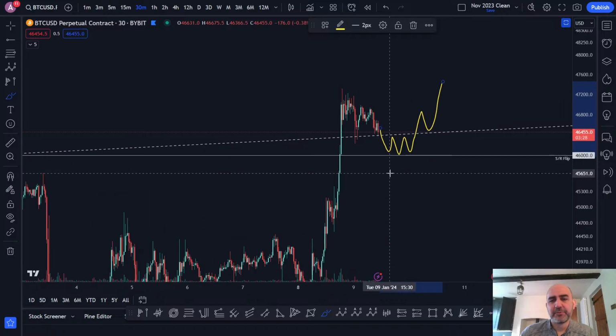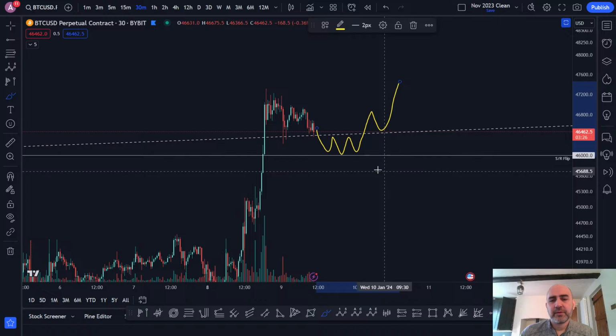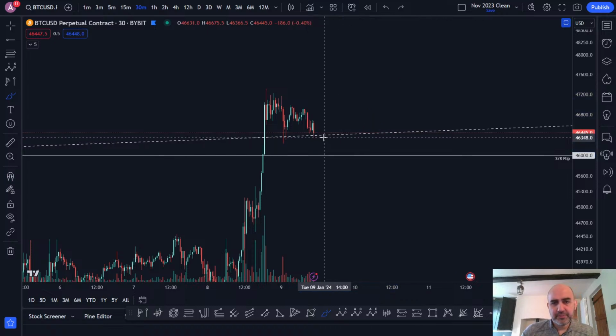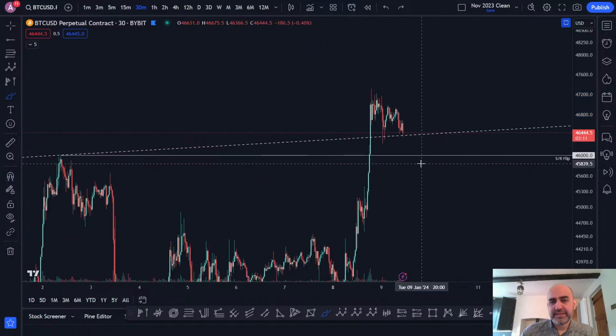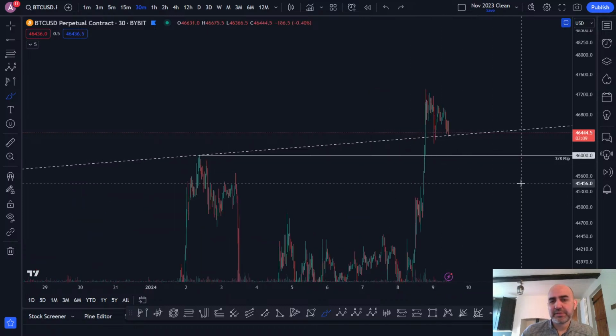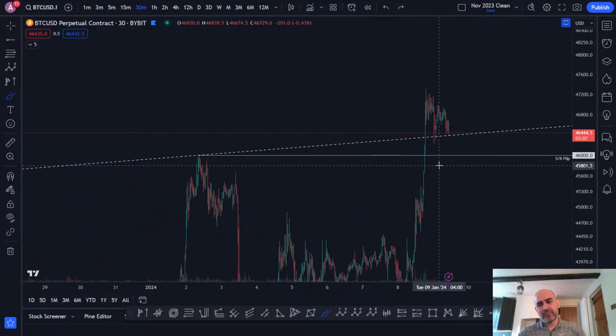That's very possible. Even though it might look weak that we're underneath this channel, sometimes the price can go through these channel midpoints. But these SR flips are very important, especially when you're dealing with a previous high.